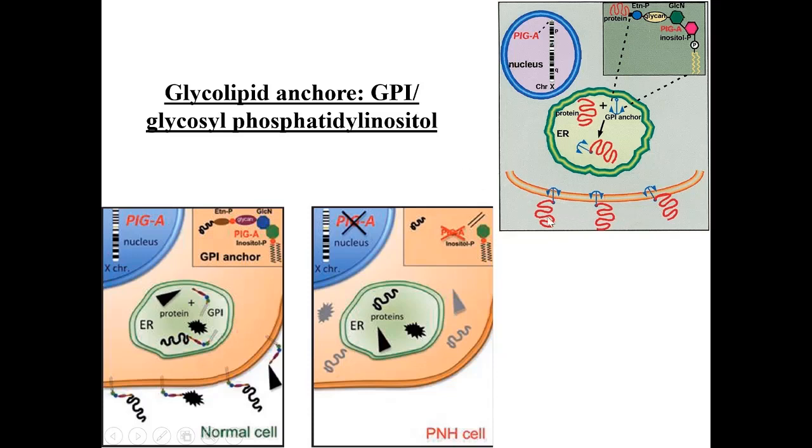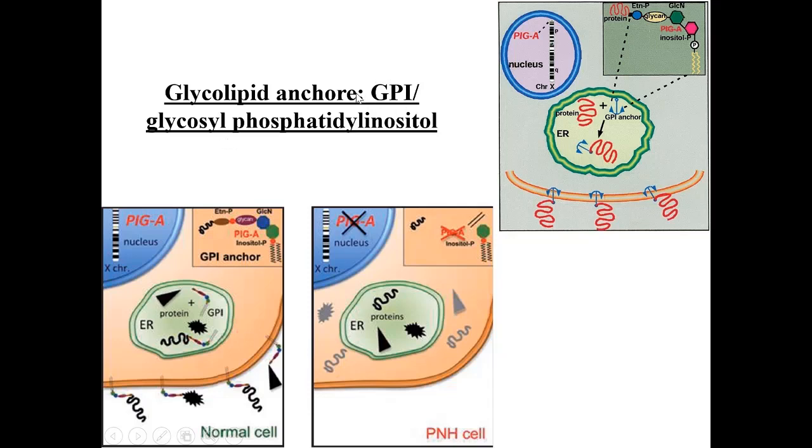And the deficiency of expression of CD59 and CD55 is not because of genetic deficiency of these two proteins. It is because of genetic deficiency of GPI.